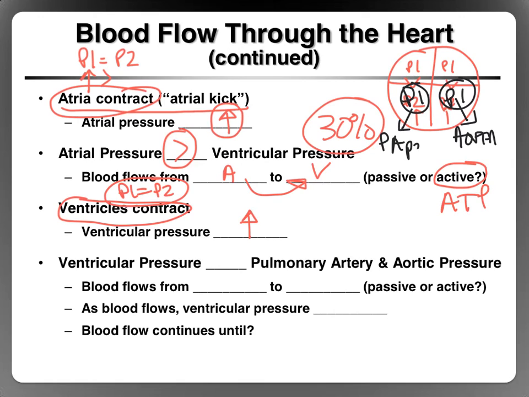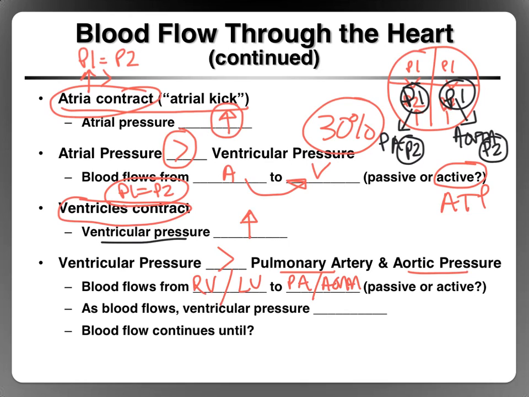The new P2 is the pressure in the pulmonary artery, the pressure in the aorta. And so as the pressure in the ventricles rises, ventricular pressure is eventually greater than the pressure in the pulmonary artery, the pressure in the aorta. This is going to cause blood to flow from the right ventricle to the pulmonary artery, and from the left ventricle to the aorta.